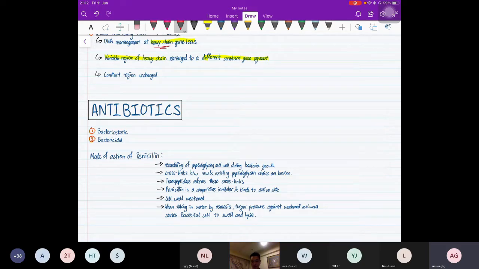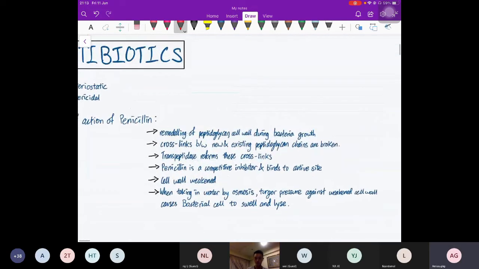So bacteriostatic antibiotics keep the bacteria at its state so that it cannot reproduce. For antibiotics, we're going to focus on penicillin. Penicillin is the focus of the syllabus, and it is very, very simple.